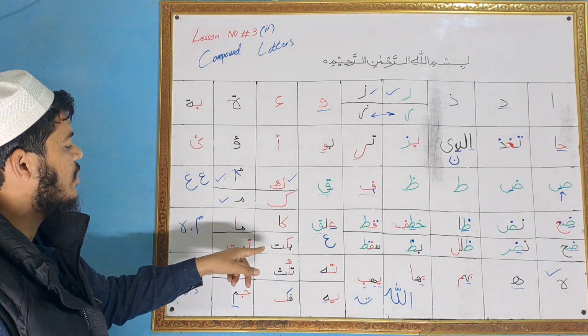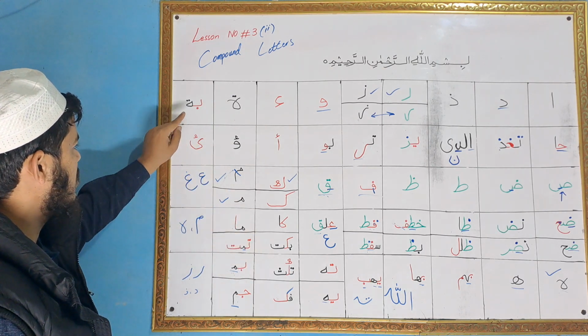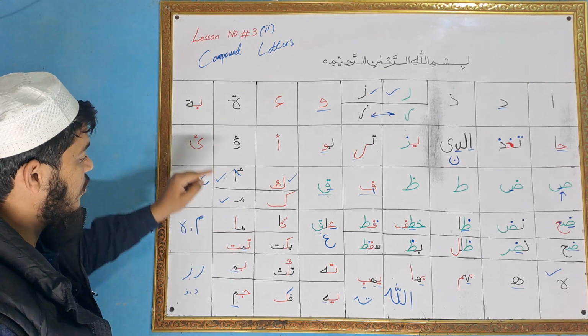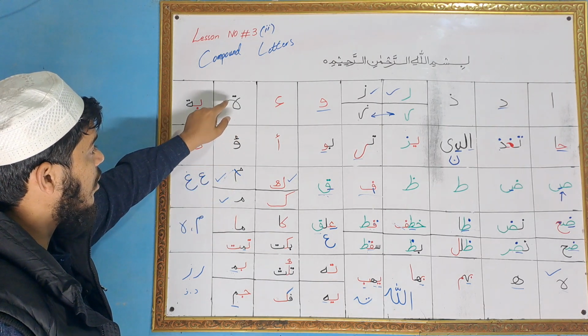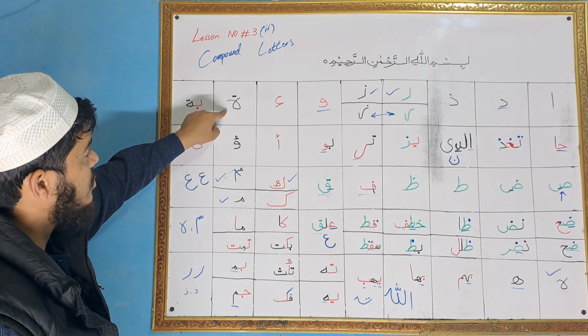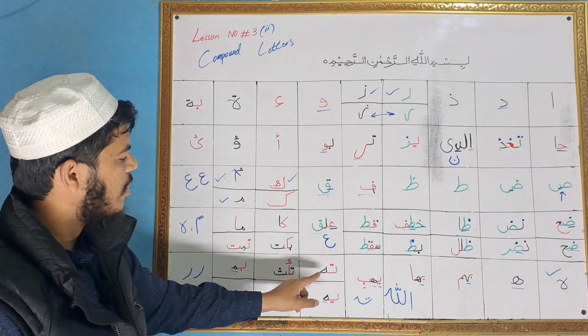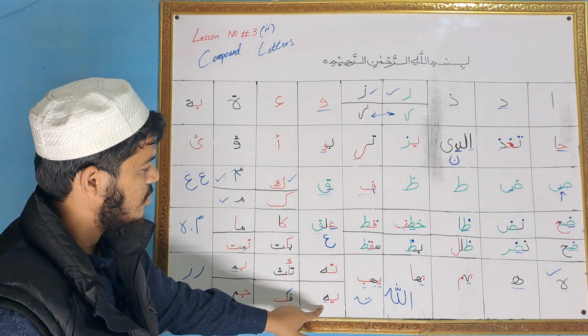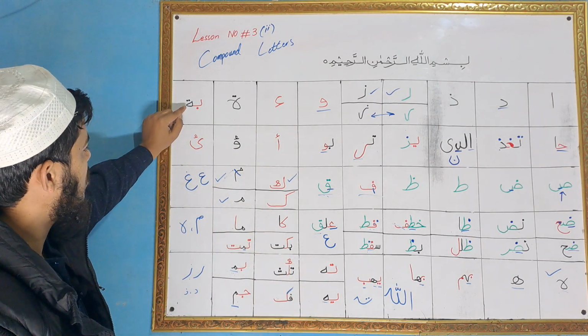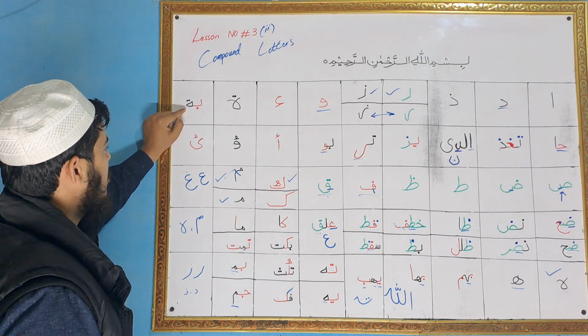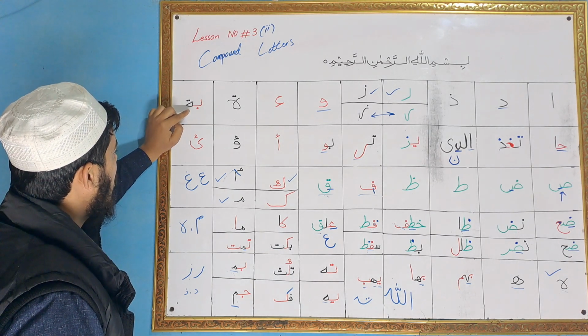We will discuss it in our next classes. So if any of these shapes comes with two dots on it, we will consider it Ta. So Ba, Ta.